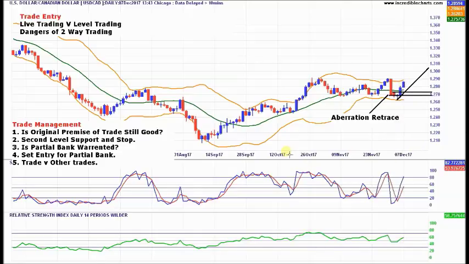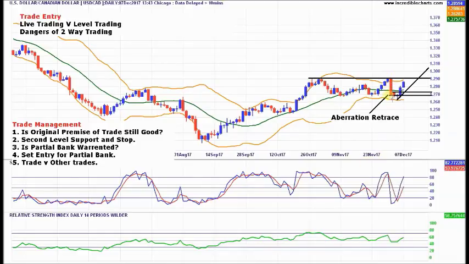So if we do a 50-50 bank, where are we going to put it back in? This is point number 4. 129 is the near term resistance. My view of this trade, when we put it on, is that we're long-term bullish on this one.